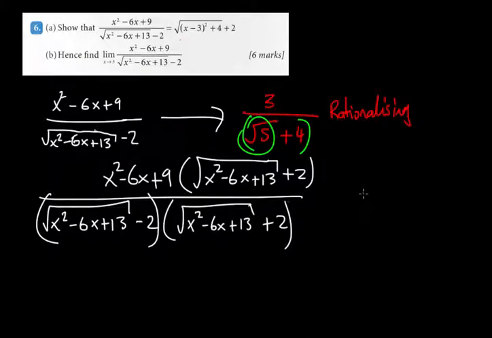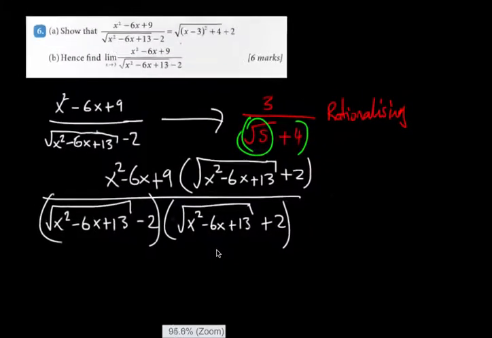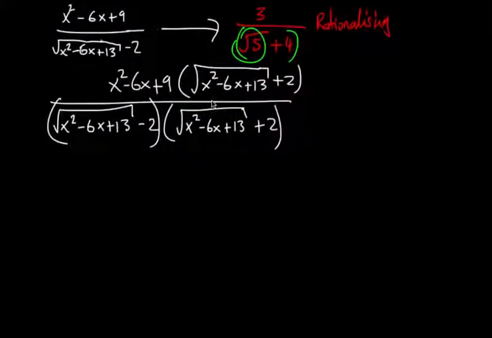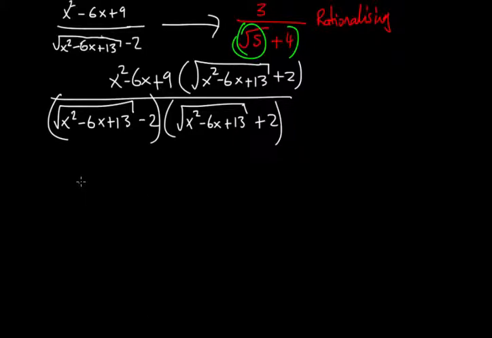Okay, now the beauty of this is that the bottom is now a difference of two squares, so it becomes a lot simpler than it looks. So I'm going to end up with this thing here squared. What happens when I square that? The square root just disappears. So I end up on the bottom with that.